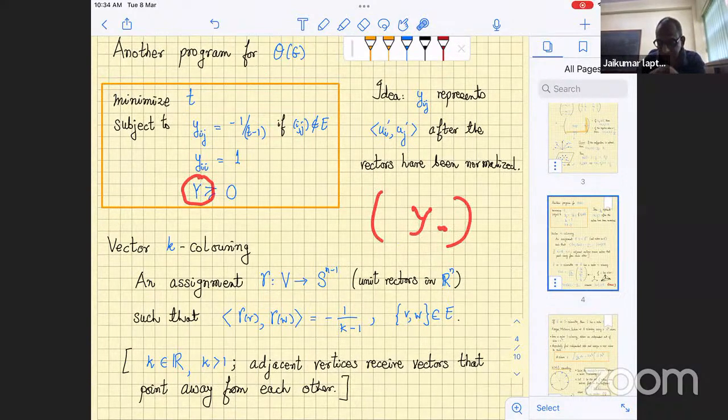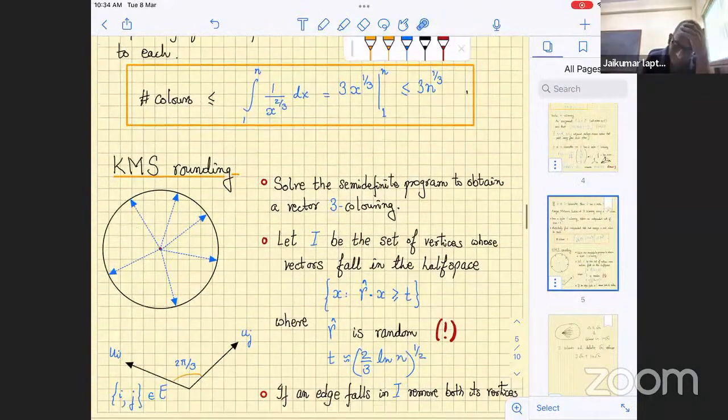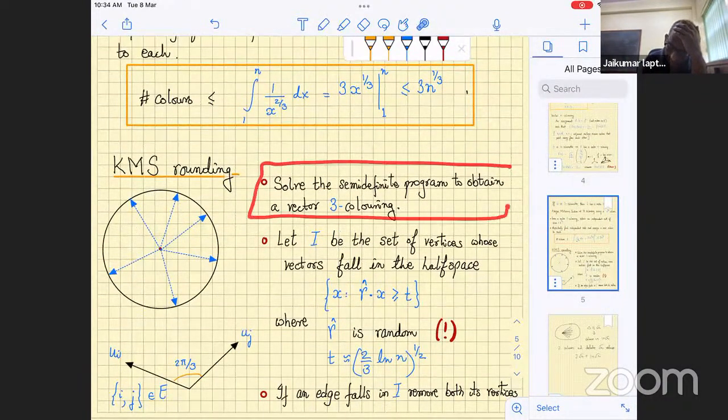But then we wanted vectors, not a matrix. So you do Cholesky decomposition of this matrix and you obtain those column vectors, and those will be the vectors that you will actually use in the orthogonal representation. I'll let you think about it. But I'm going to just wave my hands and say that by solving a semi-definite program, I obtain a vector three coloring.